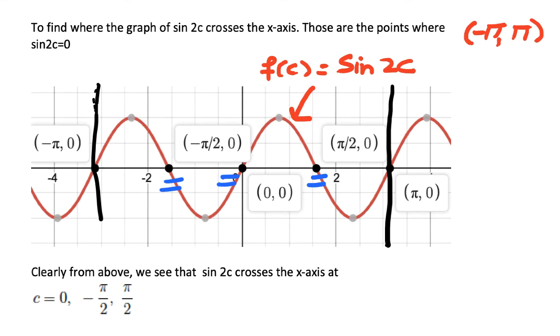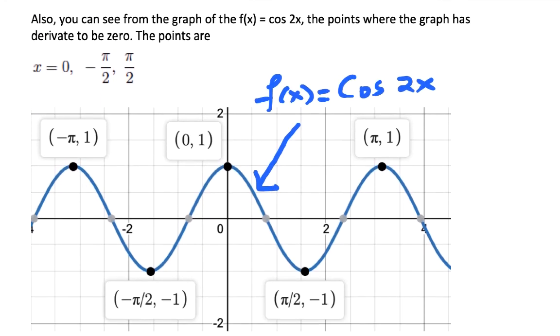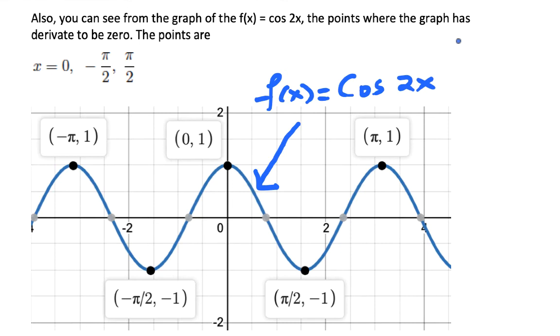We go back to the original graph. So when we go back to the original graph cosine 2x, we'd like to know the points where the graph has the derivative equal to 0. Remember, for the original graph, we're looking at the points where the graph has a horizontal tangent line. That's the interpretation of it.